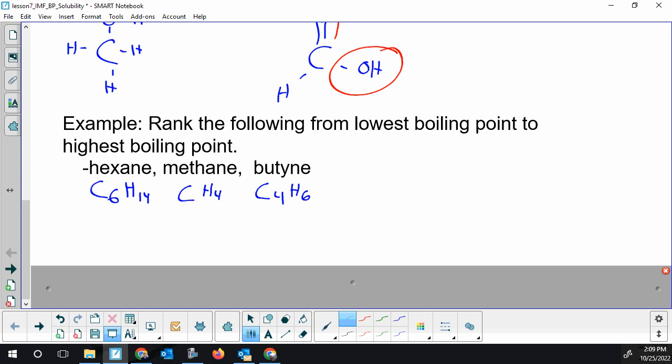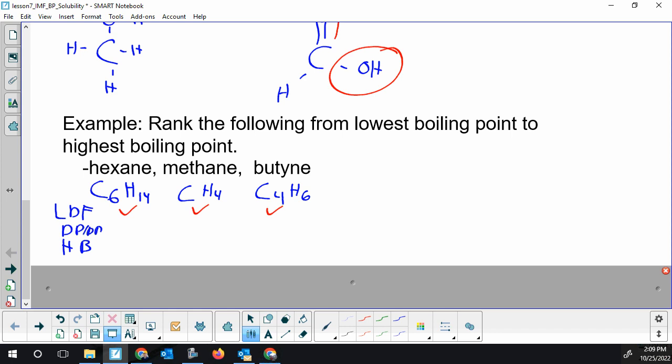So we want to rank these. We want to think of London dispersion forces, dipole-dipole, and hydrogen bonding. So all molecules have London dispersion. Now, hopefully your Chem 20 teachers had said something about hydrocarbons.